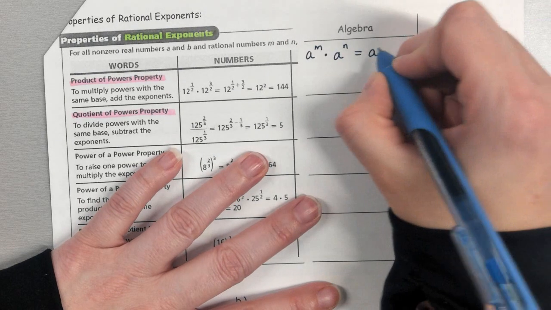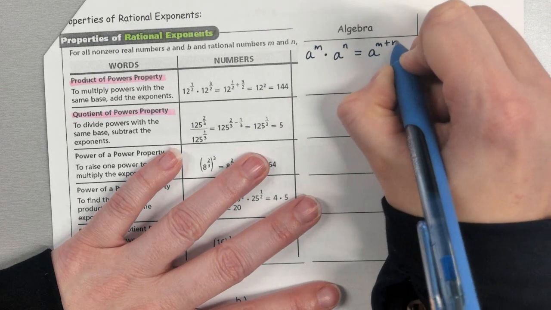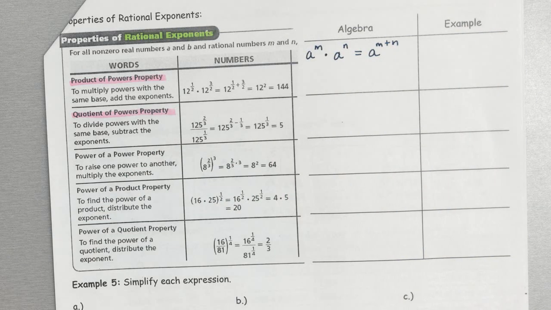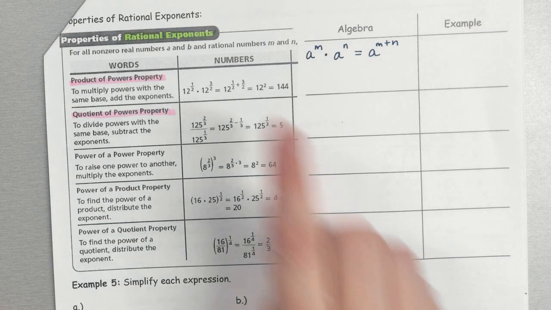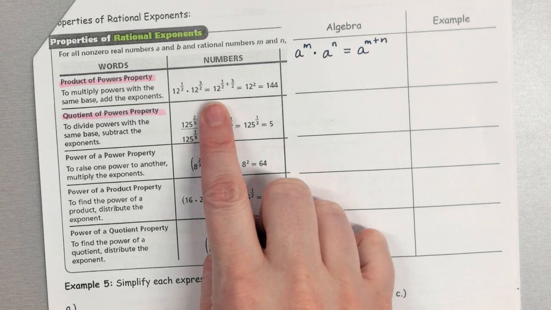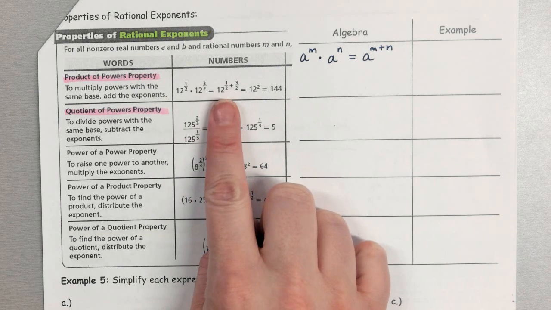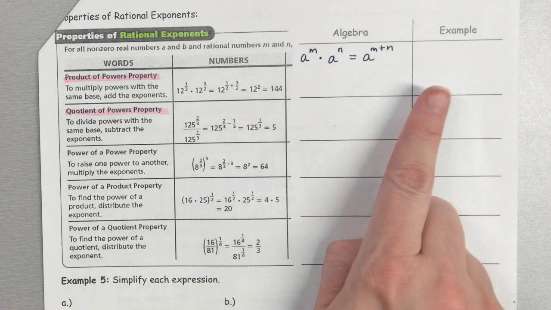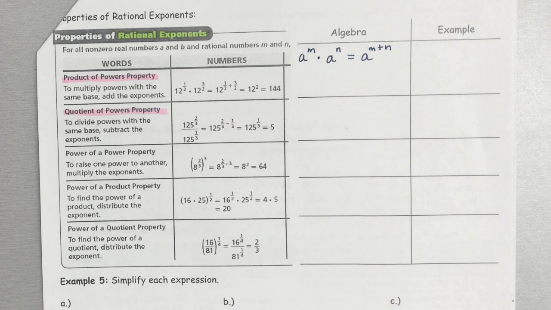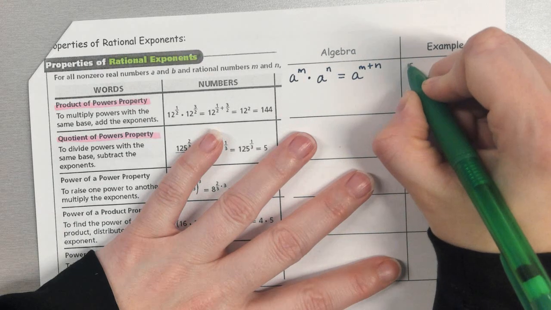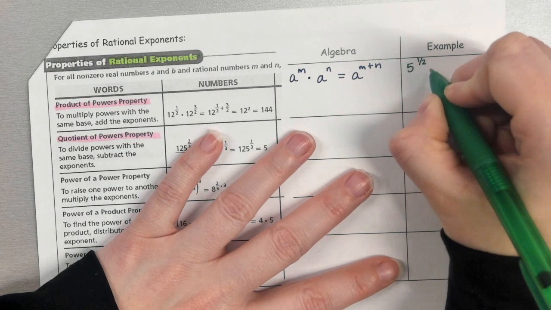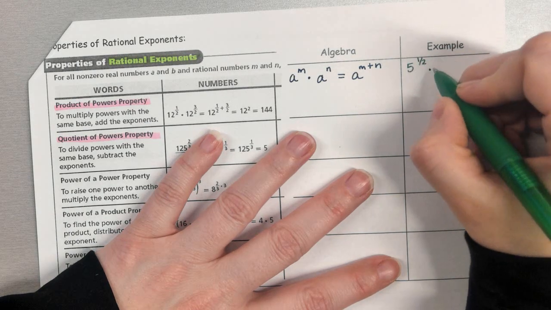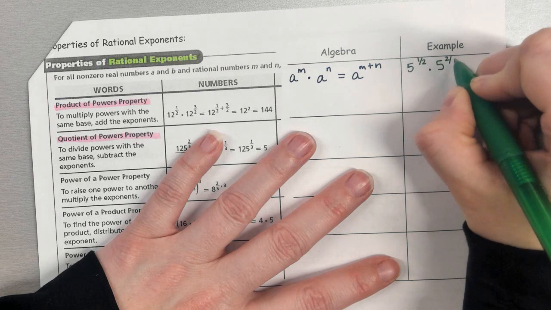Add them. So if you have the same base, you are going to add them together. Okay, now the example they give you here is going to simplify all the way. I'm going to give you an example, and we're going to look at both of those. So you're going to have a few different types. So the example we have is 5 to the 1/2 times 5 to the 2/3.